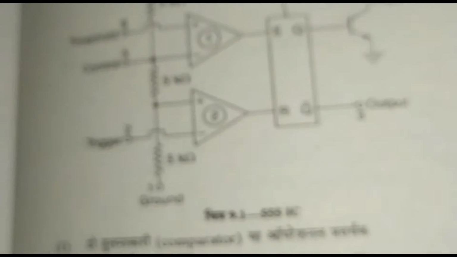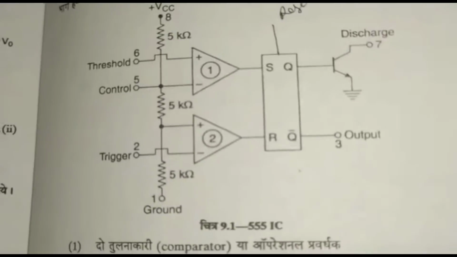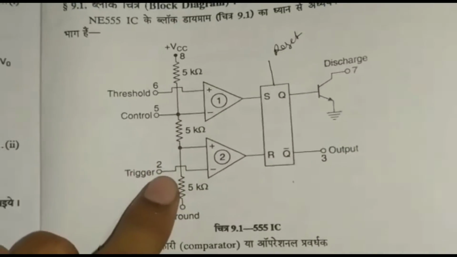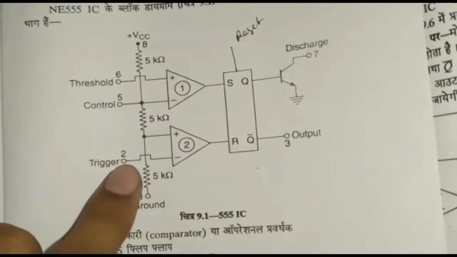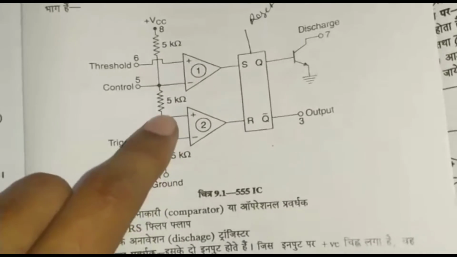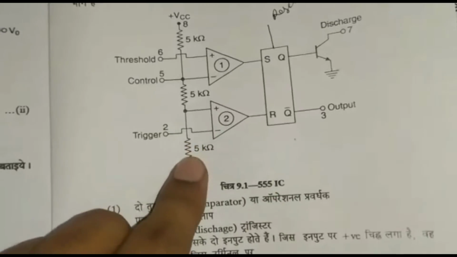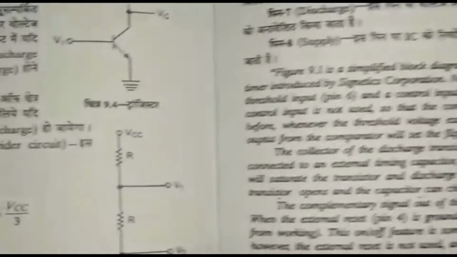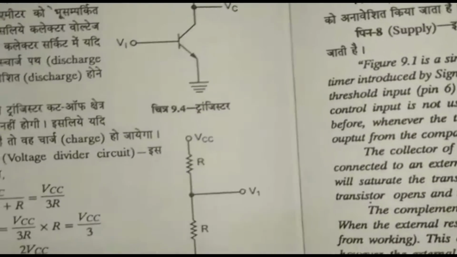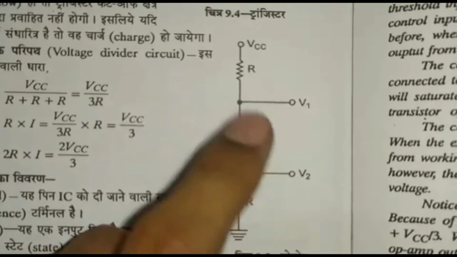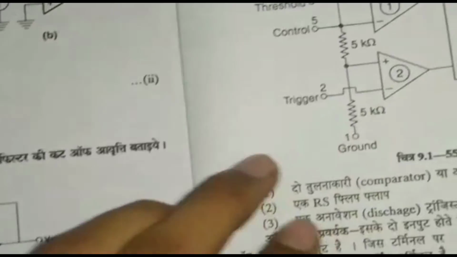If the voltage at the trigger pin, that is pin number 2, is greater than VCC by 3, because here the voltage across this R is VCC by 3. This is V2, VCC by 3. Here you are getting VCC by 3.